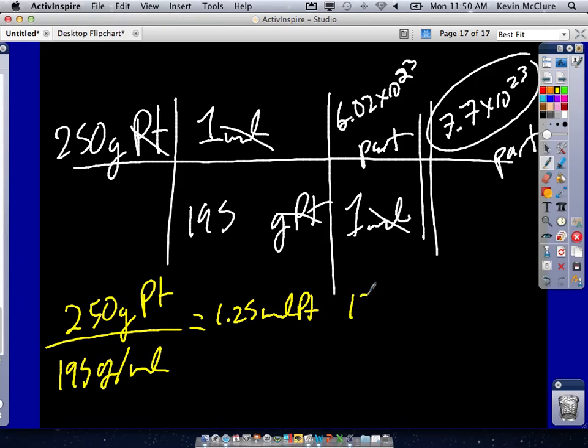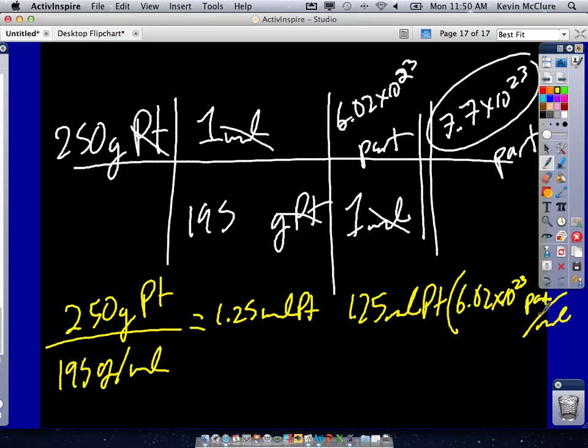Now I take 1.25 moles of platinum times Avogadro's number, 6.02 times 10 to the 23rd particles per mole. Moles cancel, and I'm left with my answer: 7.7 times 10 to the 23rd particles.